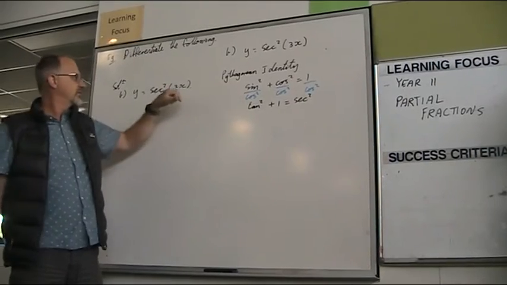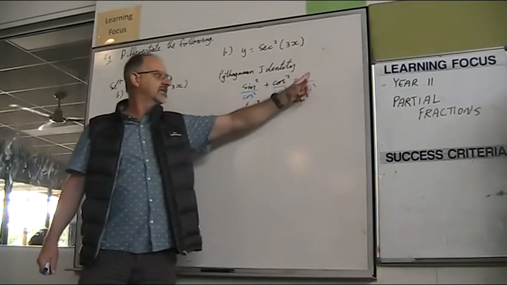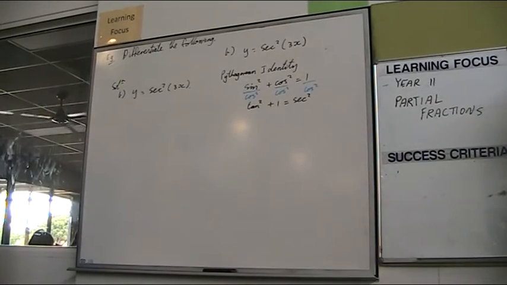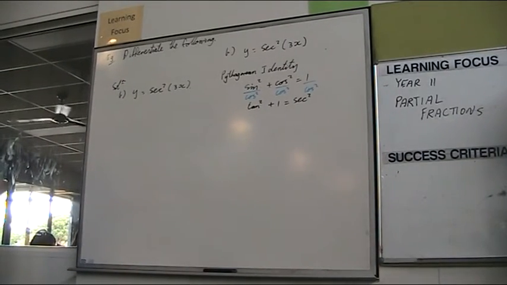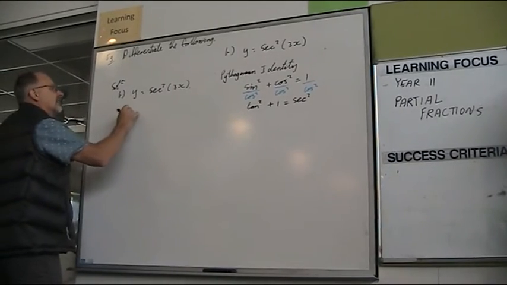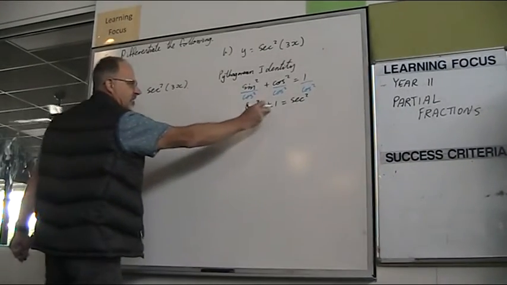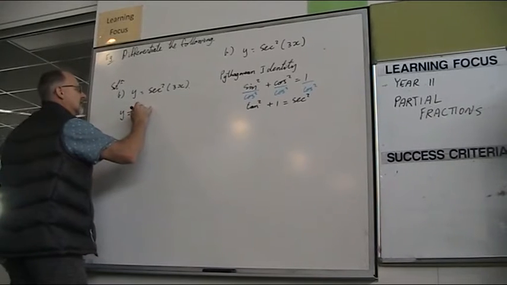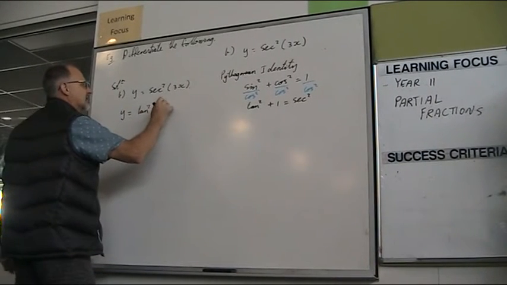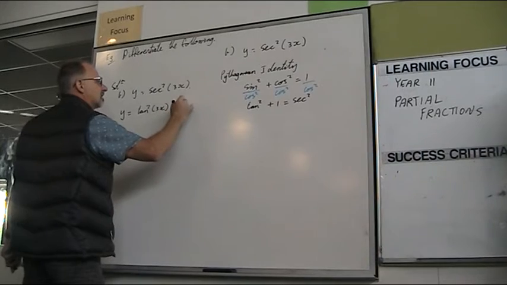But because we've got sec squared here, sec squared is 1 on cos squared, so I've divided by cos squared. So rewrite that then. Instead of sec squared, we're going to have tan squared plus 1. So it's tan squared of 3x plus 1.